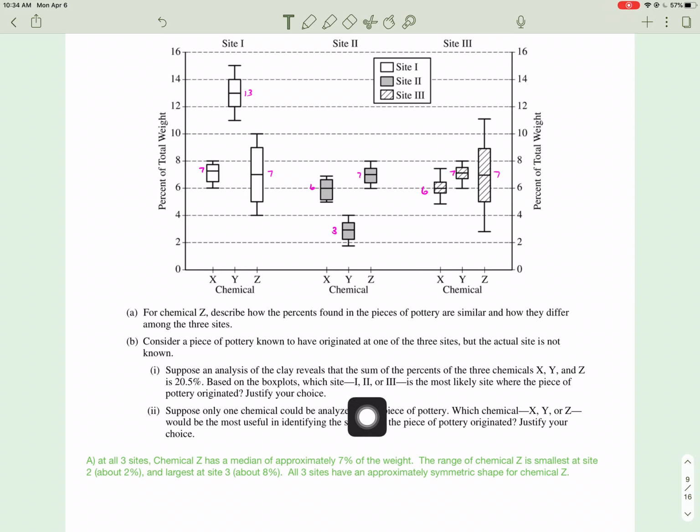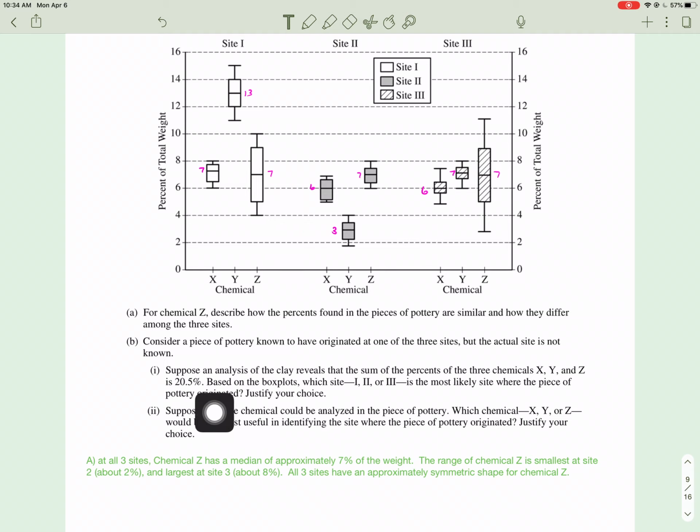So that's the way I wrote it out, and I'll write that in a second. But I just want to talk about another way. Remember, the ends of box plots are the max and the min. If you add together the 3 mins at site 1, that's about 11, 4, and 6. 11, 4, and 6 is 21. So if you had the smallest of each chemical at site 1, that would be 21.